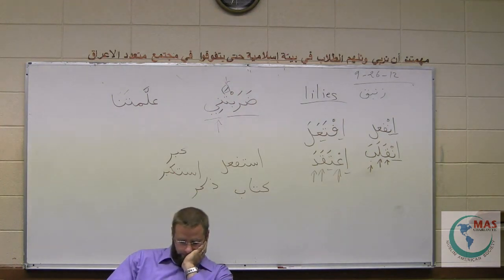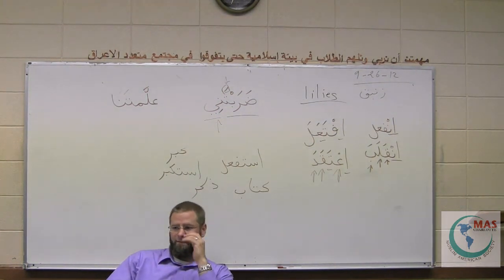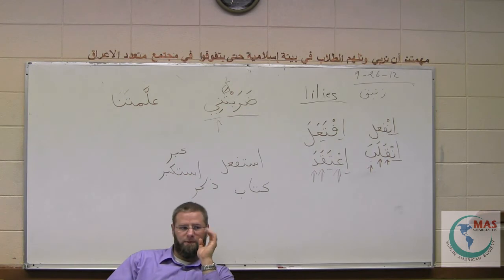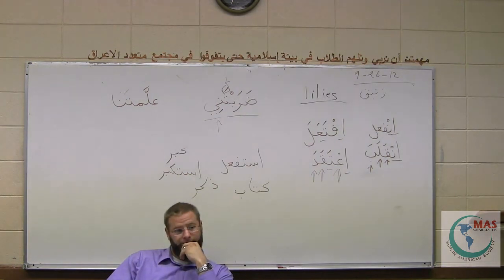Okay, so you want to make huma, the dual, you just add an alif. Dhahaba. Are we doing the third row? Yeah, we're in third person, ghaib, mudhakkar. You've got to get that right: mudhakkar, not muzakkar.